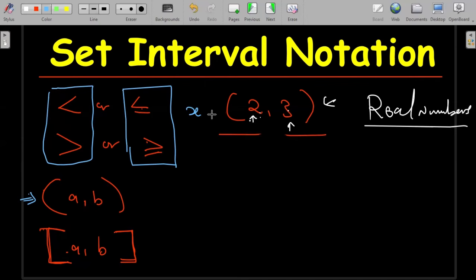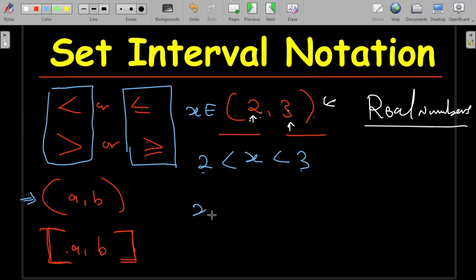Here I would say x is a member of this. But if I want to use inequalities, it needs to be x, here I'll put the bigger number and then the smaller number. So this one here is the same as this. It's just showing you that x is between 2 and 3, but 2 and 3 are not included in this set of x values.